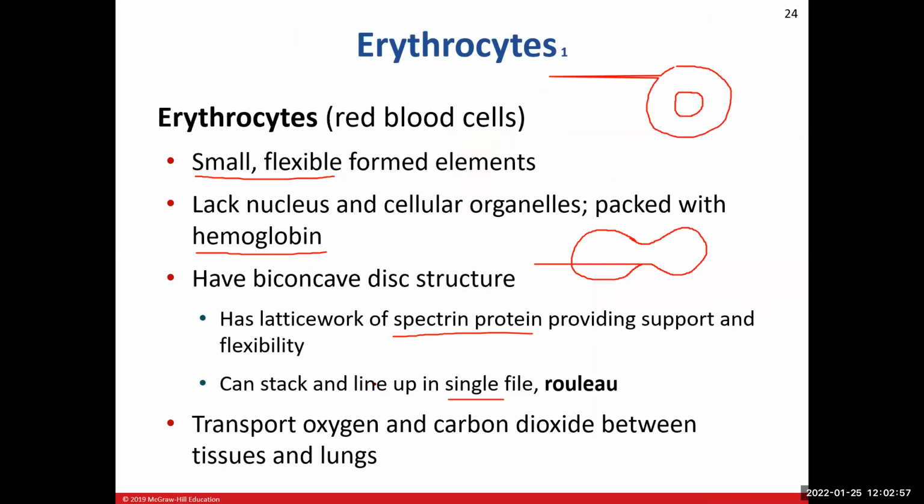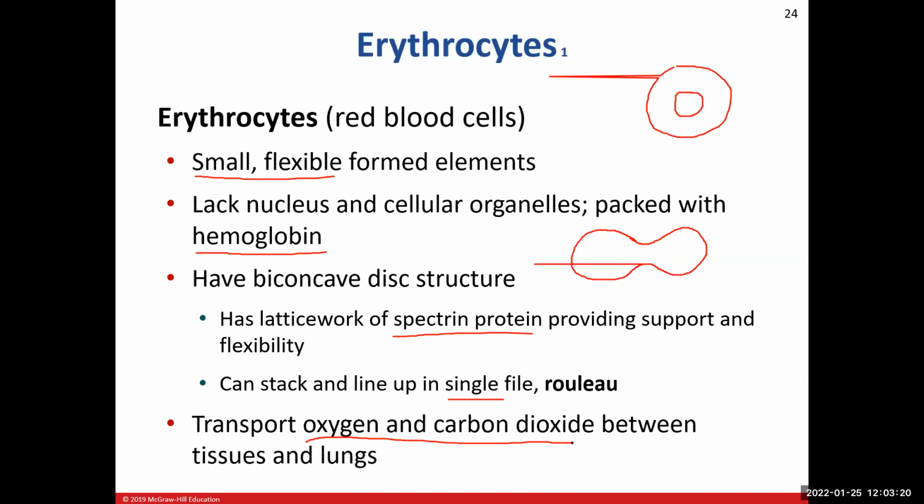Okay. So it's important that when we talk about the function of red blood cells, this is going to involve the transportation of our respiratory gases, oxygen and carbon dioxide. It's just a transport vehicle from point A to point B. It's going to take oxygen from the lungs to the tissues. It's going to take carbon dioxide from the tissues back to the lungs.